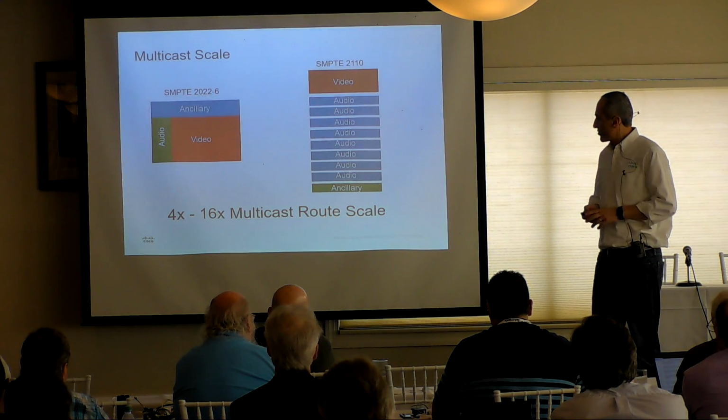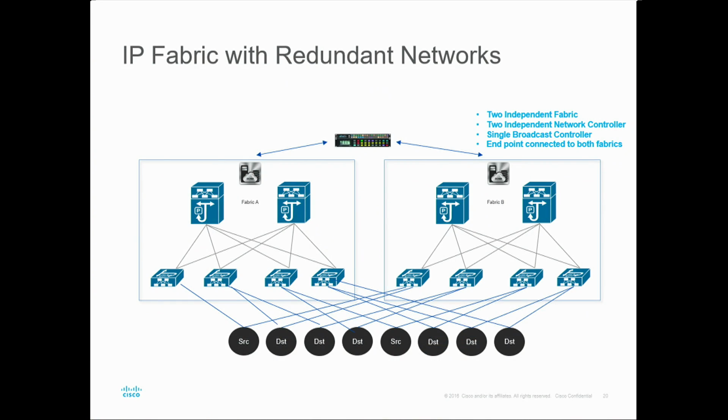What other considerations do we have? Redundancy. So redundancy, again, using COTS switches, not purpose-built, how do you handle redundancy? What we have seen is basically air-gapped side A, side B deployments, where you are deploying identical fabrics on side A and side B, and you have your endpoints connected to both side A and side B, or X and Y. Okay?